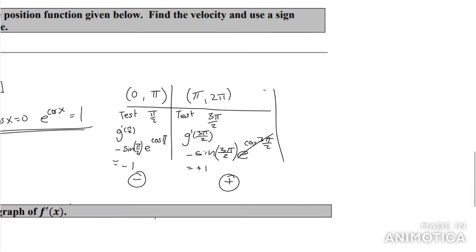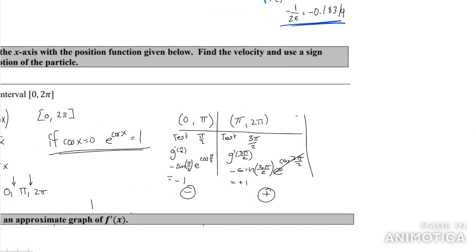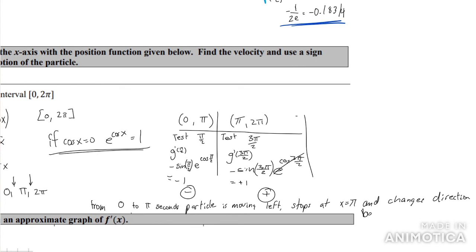If I want to describe the motion of the particle, I could say from 0 to pi seconds, the particle is moving left, stops at pi, so I'll say x equals pi, and changes direction before stopping at x equals 2 pi.